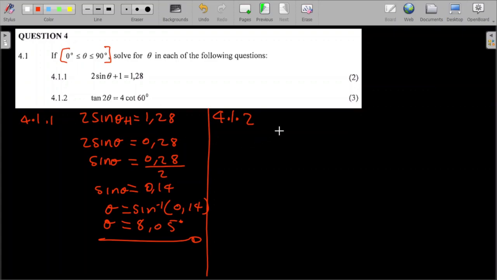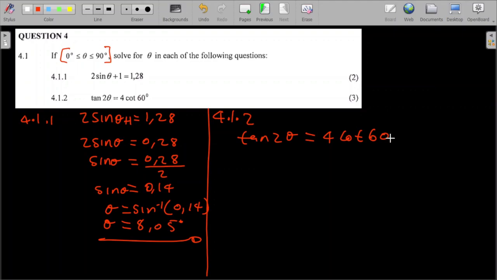Here they're asking us: tan 2 theta is equal to 4 cot 60. Now here we need to first understand what cot is, because that is very, very important.